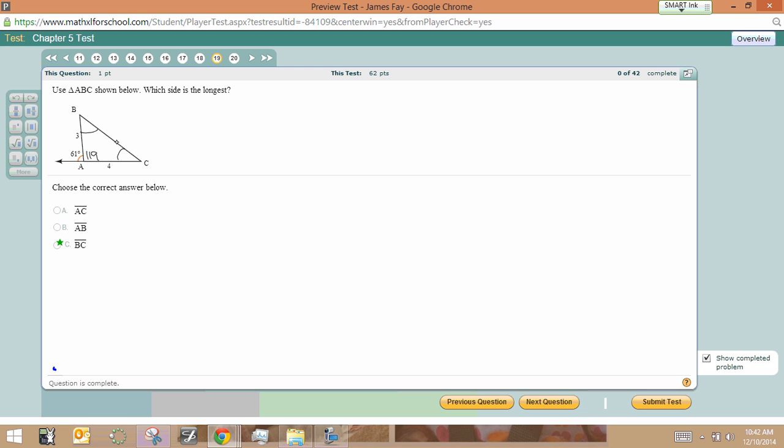I don't necessarily need to know what they are, but I do know, because this is 4, that this angle here is bigger than angle C. But it's asking which of these three is the largest side. Well, 119 is going to be the biggest angle in there. You can't have an angle in this triangle that's bigger than 119. So across from that is BC, so BC is going to be the longest side.